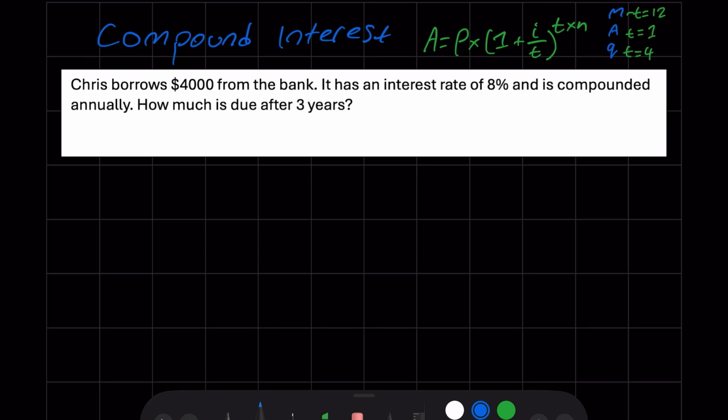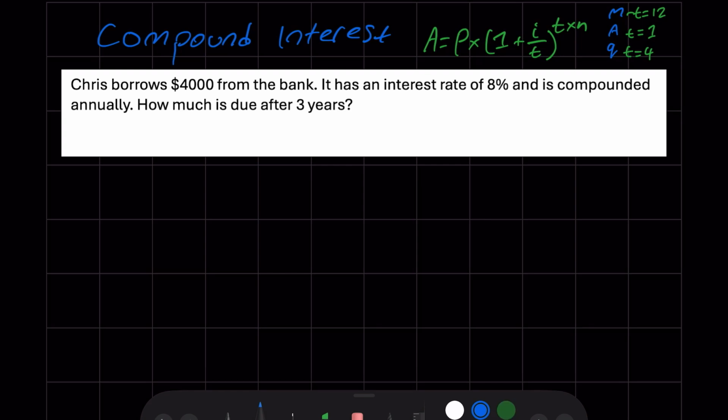This question doesn't specifically say use compound interest, but it does say that it is compounded annually. Because it says compounded anywhere in the question, we know to use the compound interest formula. We know this is not simple interest. This is compound interest because it is compounded annually.